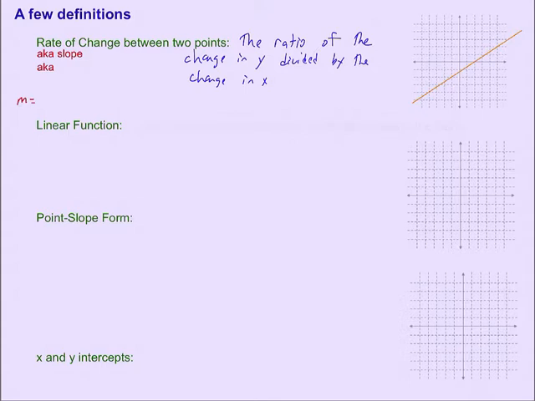So I'll use the 2 coordinates I have here, that one, and that one. I'll just label them to make it easier to use the numbers. That coordinate is -4, -4. This one is -1, -2. So if I wanted to measure the ratio of the change in y over the change in x, I need to figure out how far up that y value went and how far over the x value went.